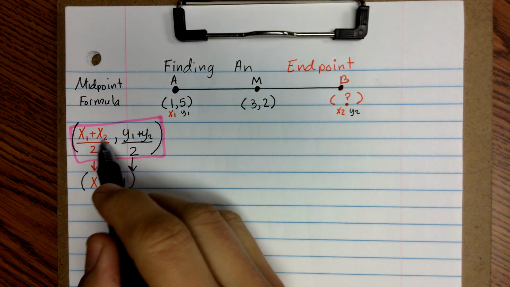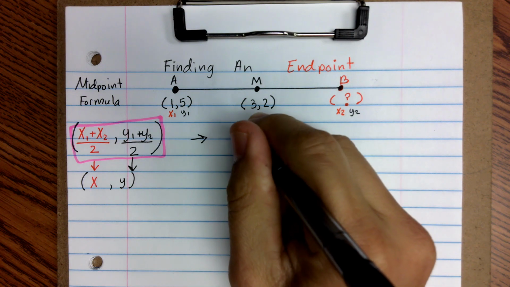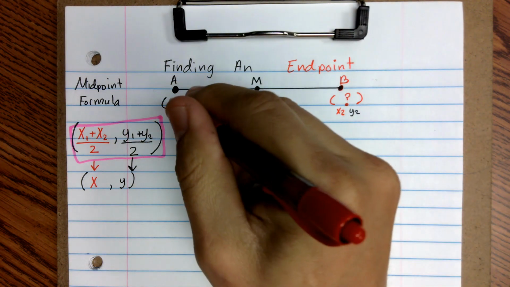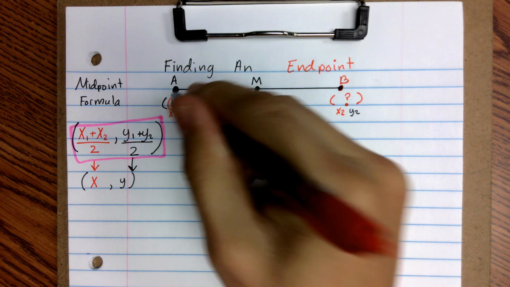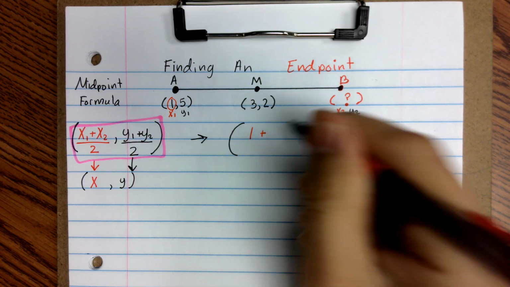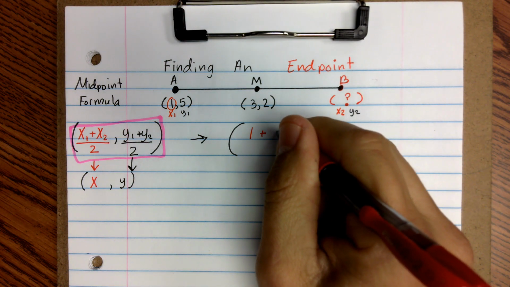So I'm going to rewrite this formula right here. So let me write it over here. I'm going to draw my parenthesis, and I'm going to put what I do know. What I do know is I have an X1 value of positive 1. So I'm going to write a 1 plus, now I don't know what X2 is, so I'm just going to put an X in place of X2.